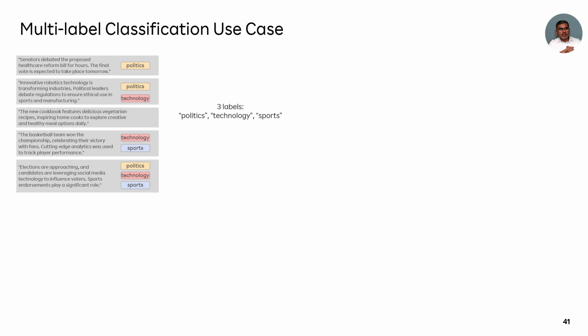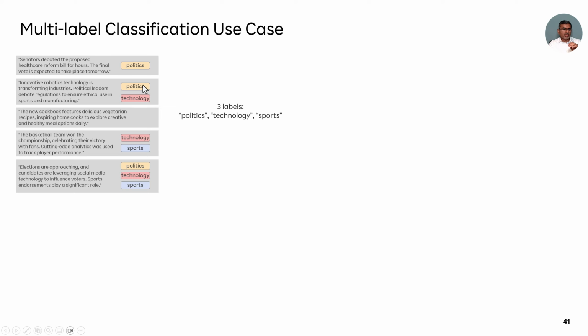So here I have some news articles, and as ground truth values, I'm assigning some labels as well. The first one I'm assigning a label of politics because it only talks about politics. The second one says, innovative robotics technology is transforming industries. Political leaders debate regulations to ensure ethical use in sports and manufacturing.